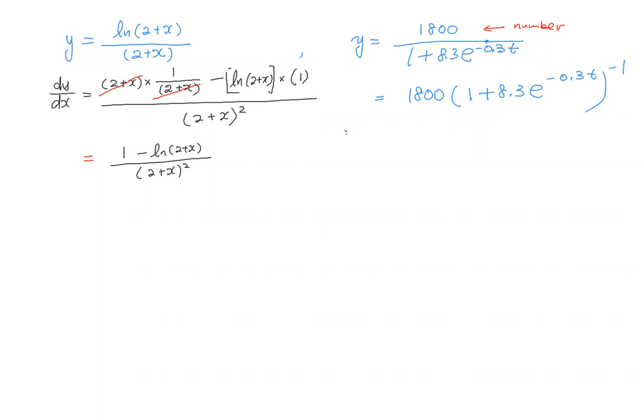For this one, I use the chain rule. Multiply by the power, copy down the whole thing, power take away 1.